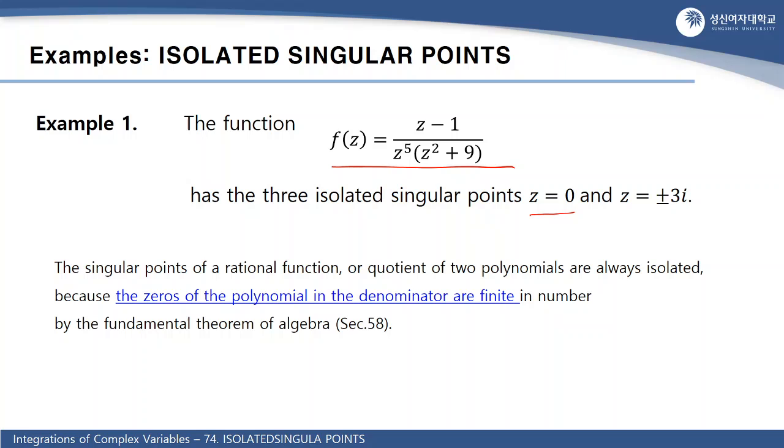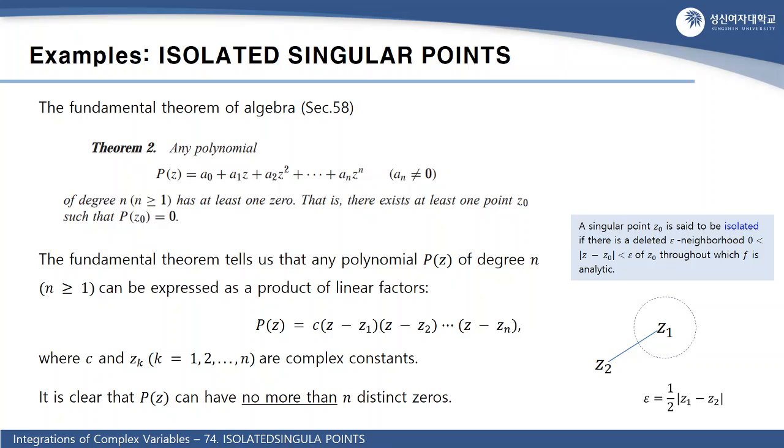Singular points of a rational function, which is made by a quotient of two polynomials, are always isolated because the zeros of the polynomial in the denominator are finite in number by the fundamental theorem of algebra, which we have learned in section 58.